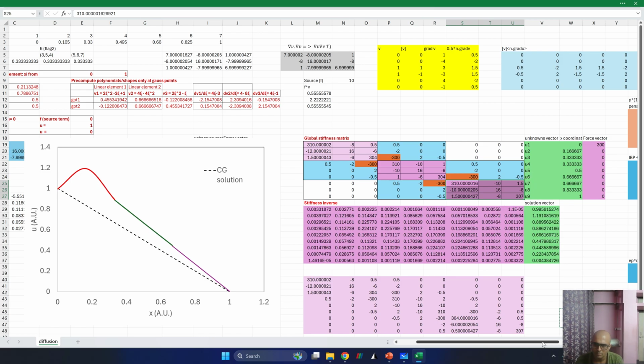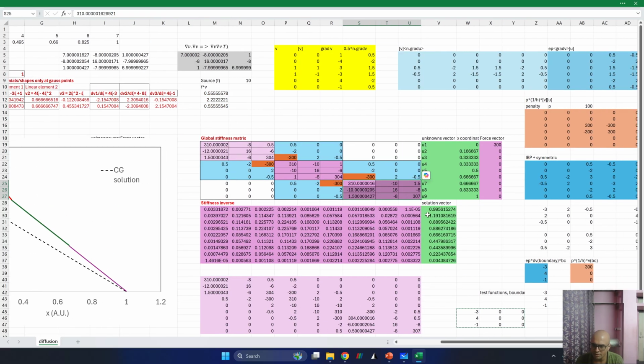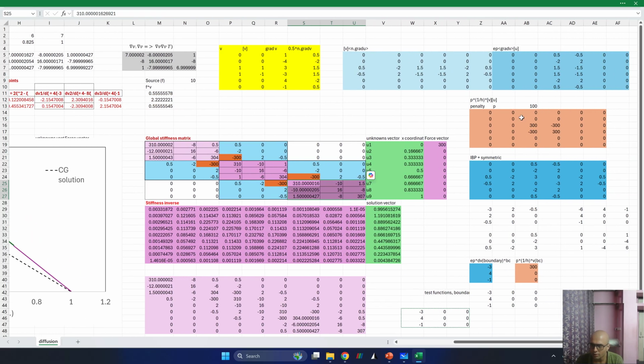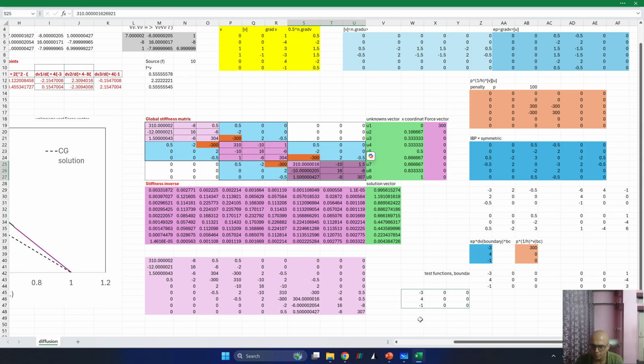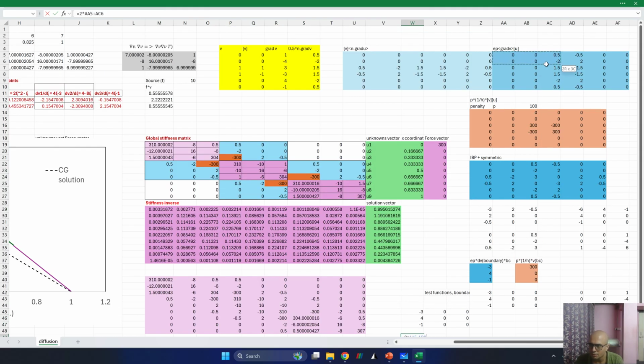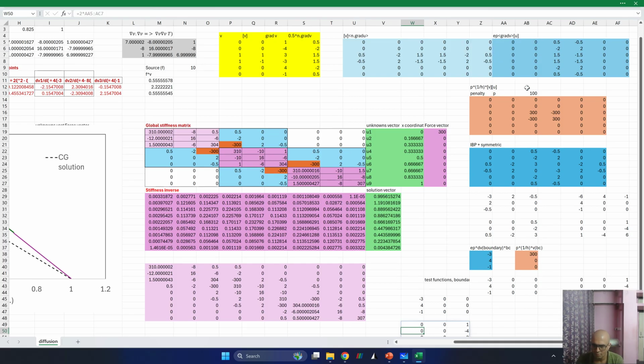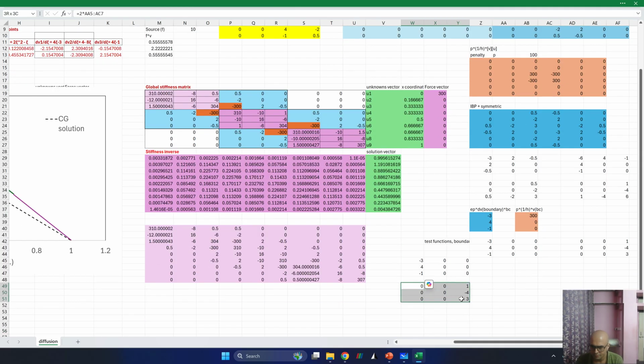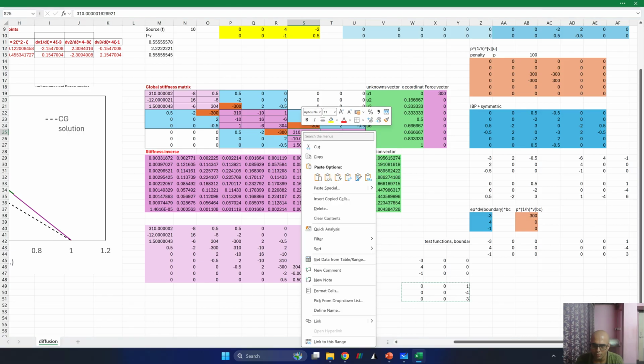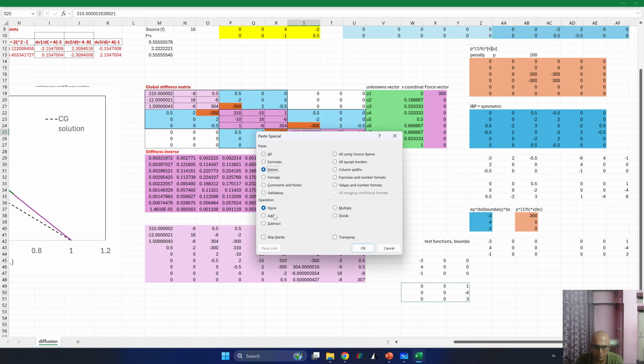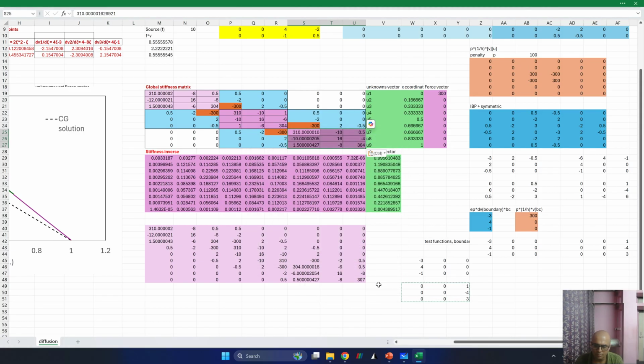On the other side, we just have to subtract this term. It should be 2 into this matrix. This is the term we would subtract here for our weak boundary condition.